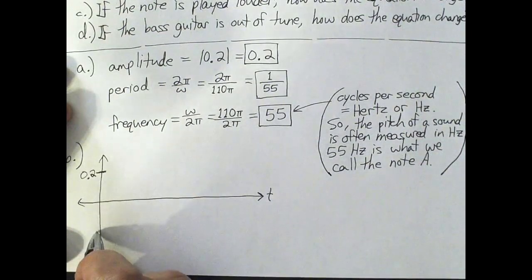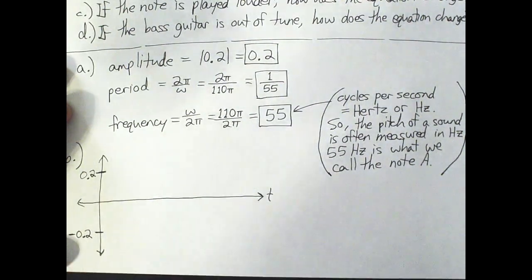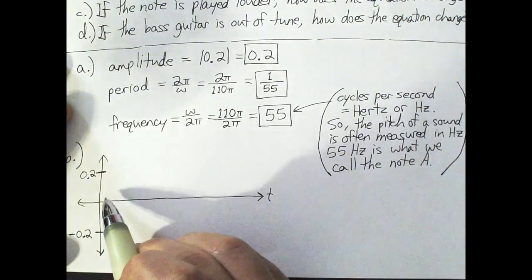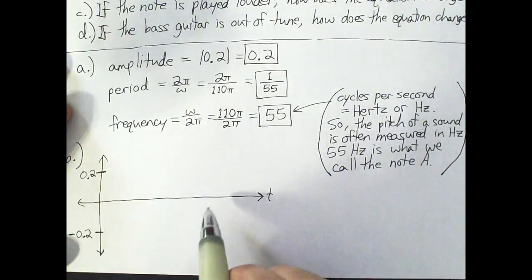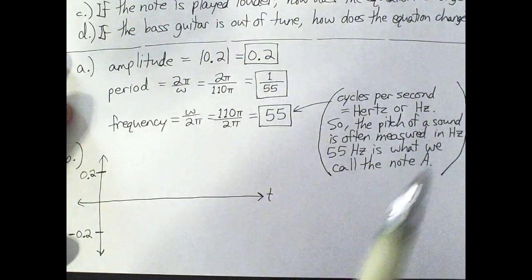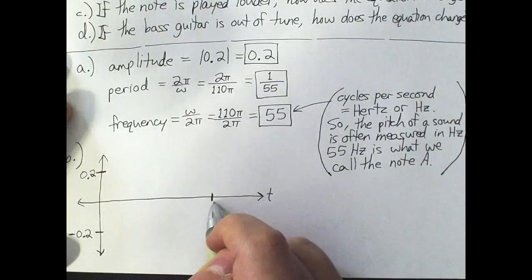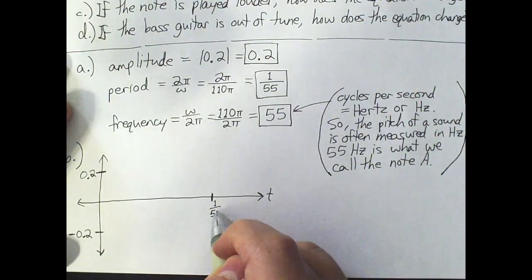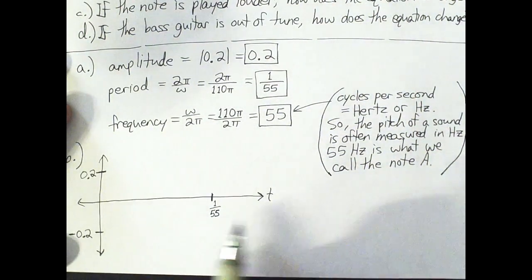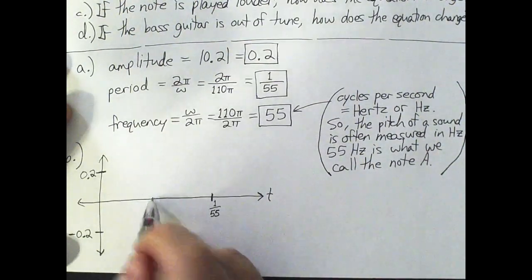And the lowest that it's going to go is a height of negative 0.2. I also know that it's going to complete one period by the time it gets to 1 over 55. So let's put 1 over 55 here. Let's just make this our scale. Let's say that's 1 over 55. And let's say this is the halfway mark.